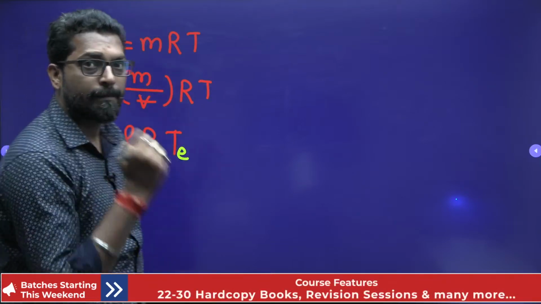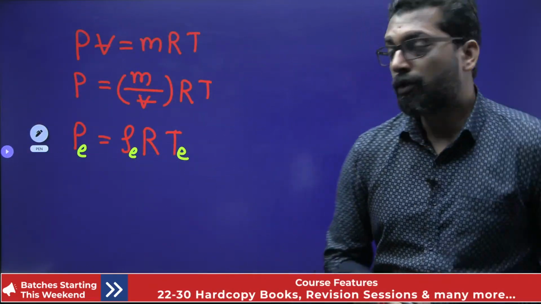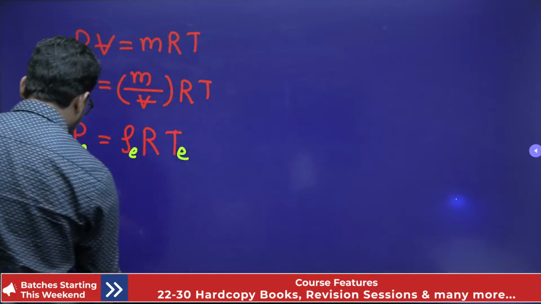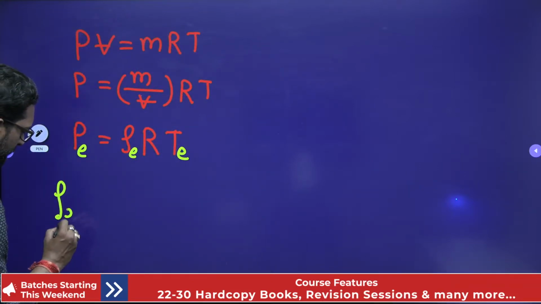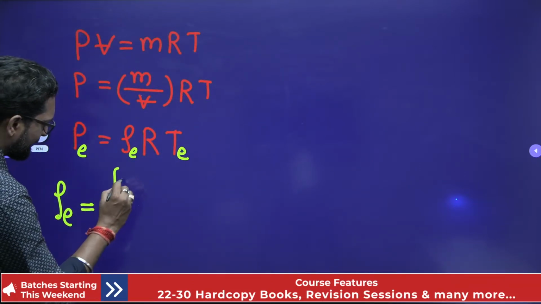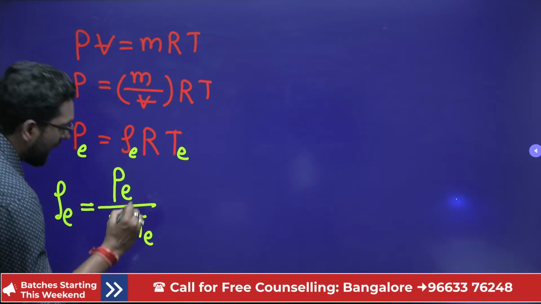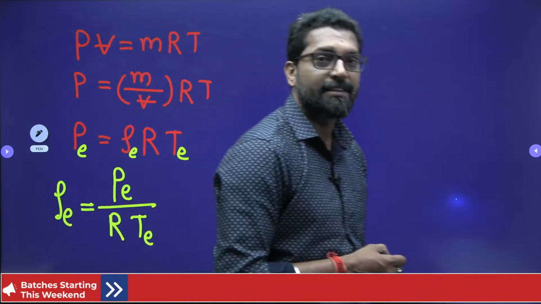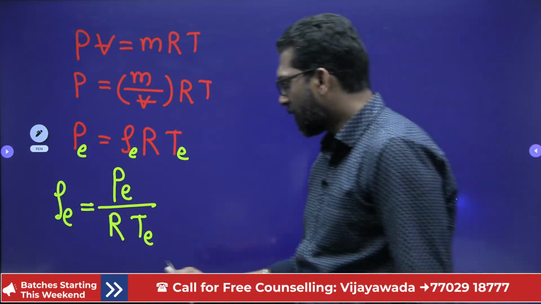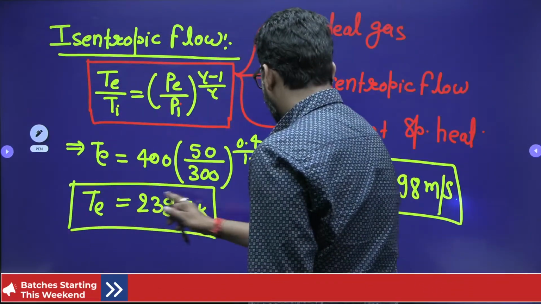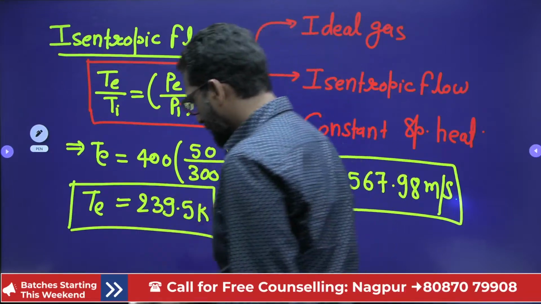R is constant. So from here we can easily find the density at exit. Why find the exit temperature? Because if we don't find it, we cannot find the density.